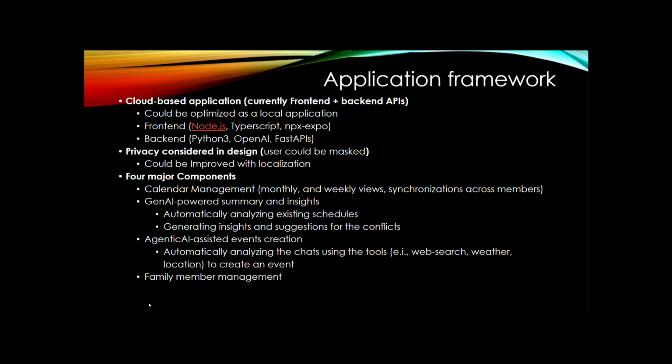Probably that's ideal. So that's why I think localization of this app is a better way of protecting the privacy of our customers. I mentioned that they have four major components. The calendar management is the first one. The generative AI powered summary and insights, and agentic assisted event creation. And the last part is family members management.